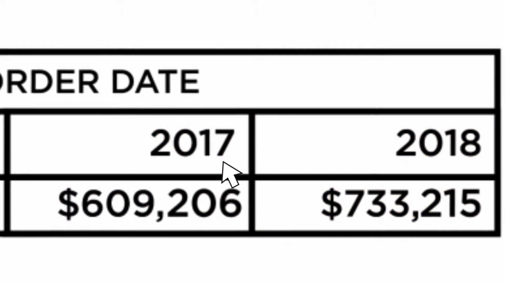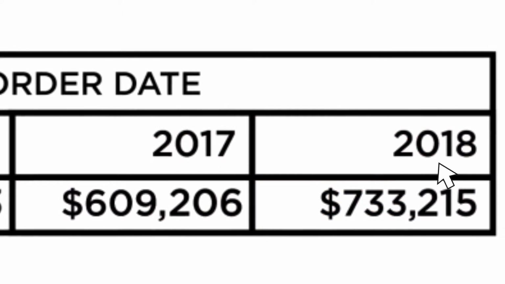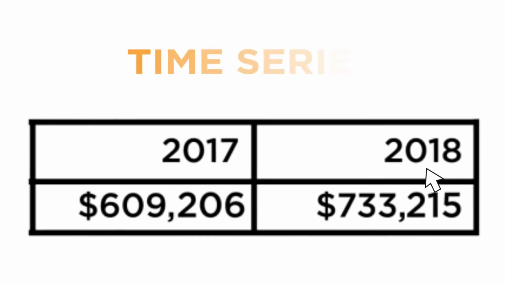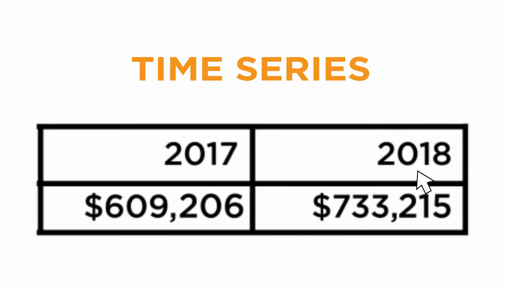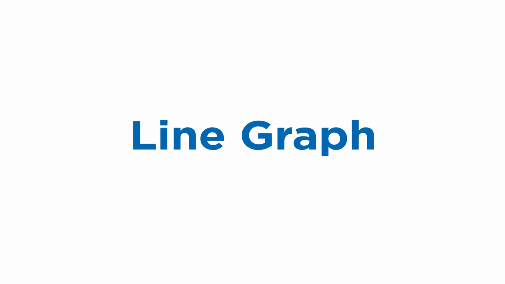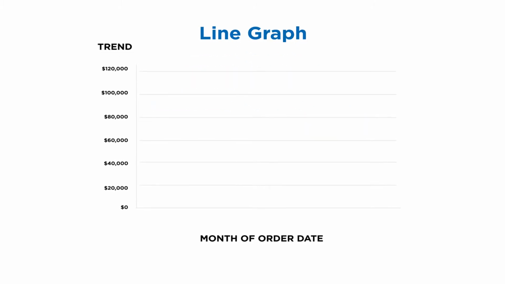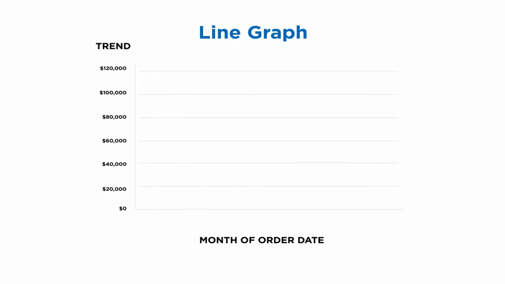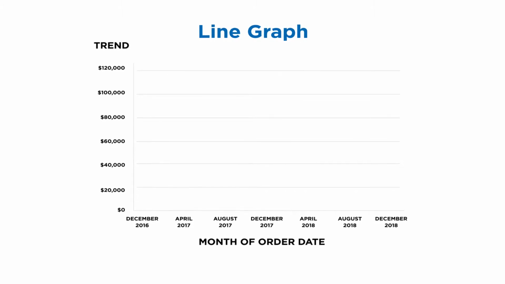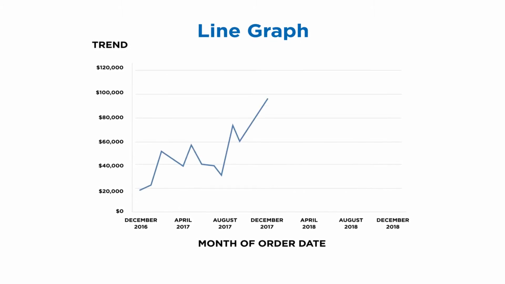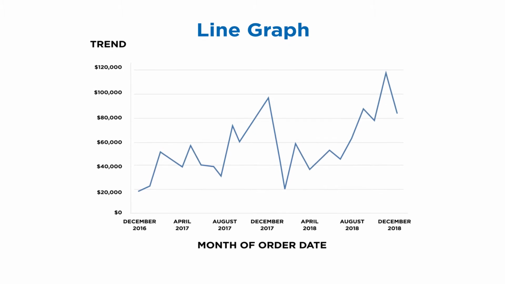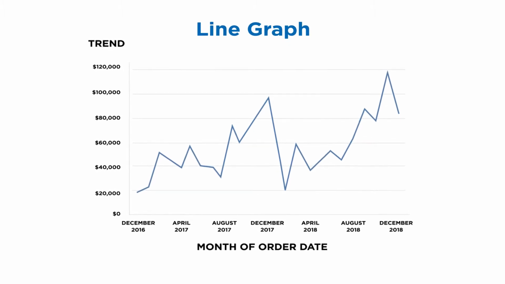Any sequence of measurement for the same variable over a time period is called time series. The sales data is one such example of time series, and a good way to understand them is through a line graph. In this graph, the vertical axis represents the sales data values and the horizontal axis shows time. The graph is indicative of how the trend changes over a period of time.